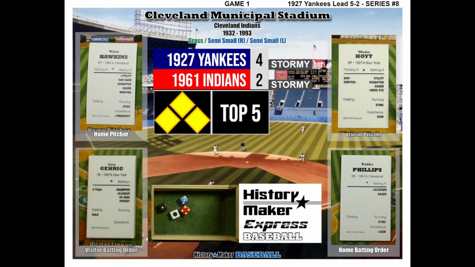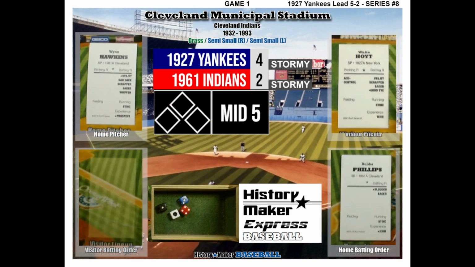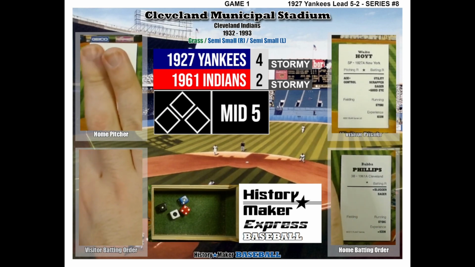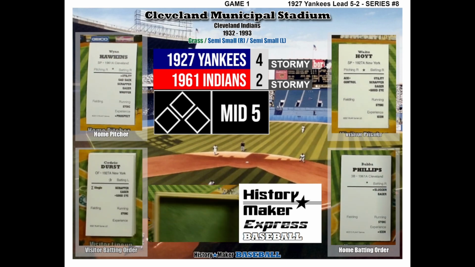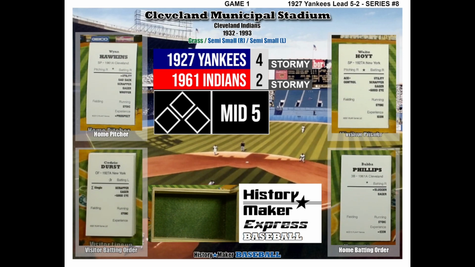The decider die says he is still fresh, so he is going to get the pop out, and that is going to strand the bases loaded to keep the score right where it's at, and that'll conclude the day for Win Hawkins here at the stadium. The 1961 Indians trail the 1927 Yankees by a score of 4-2 here in Game 1 of this best-of-5 game series.